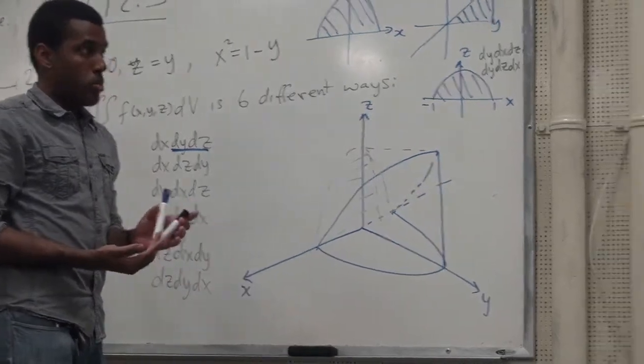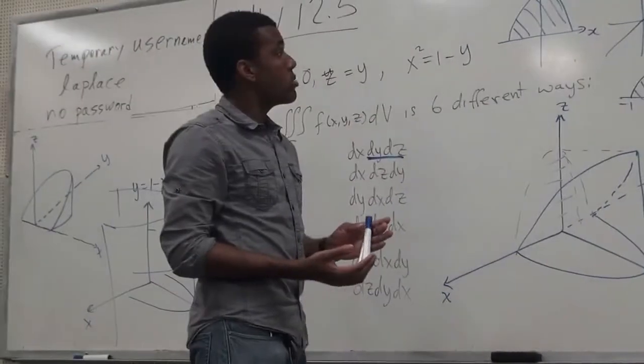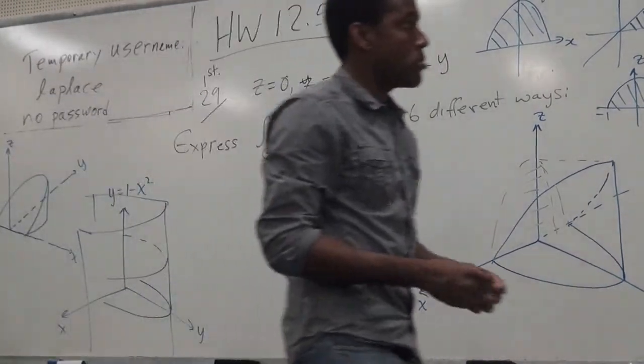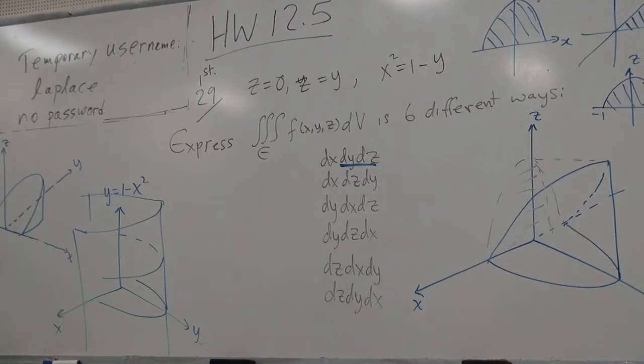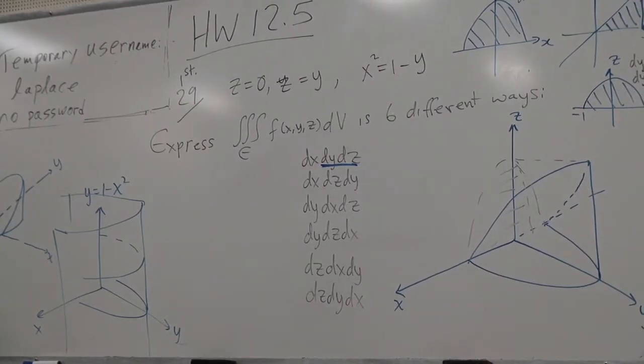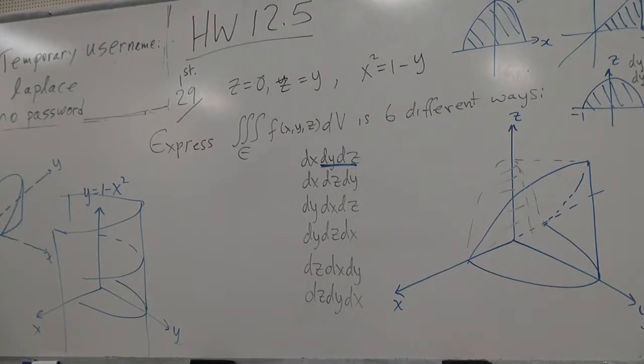Other questions on 12.5? Come again? Number 9, second edition. It's an example of my superpower.